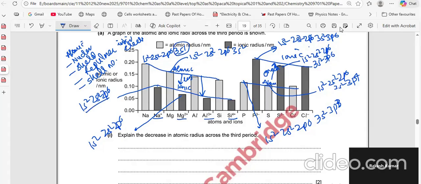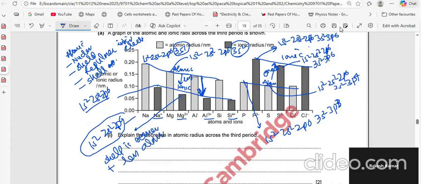It has gone away. 3s2, it has gone away. So one thing is the shell number is reduced. In the cation, the shell has been removed. That's why the cationic radius is less than the atomic radius.